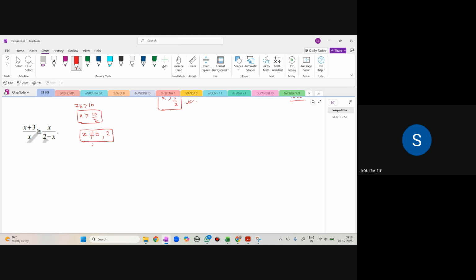Should I cross multiply? No, sir. Bring the right hand side term to the left hand side. Correct. (x plus 3)/x minus x/(2 minus x) is greater than or equal to 0. So now you cross multiply this and simplify.